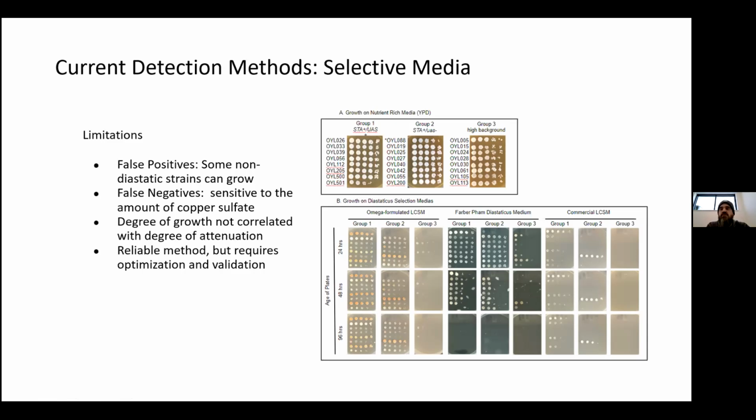You can increase the amount of copper sulfate or decrease it as necessary and tune it into detecting what you want while inhibiting the growth of non-diastatic yeast. The reason we did this is because we saw this regularly with purchased LCSM. It really didn't give us a huge amount of confidence that we were always going to detect it if it was there, because even on fresh plates, there are some diastatic yeast that we knew to be diastatic that wouldn't grow.